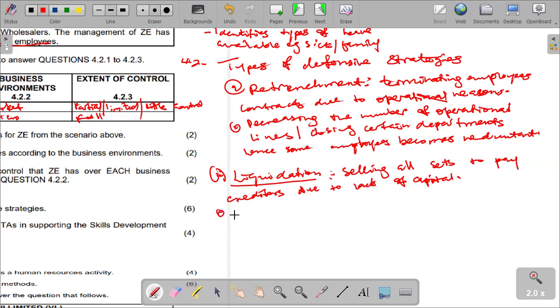A business can also sell the entire business in order to pay shareholders a fair price for their shares.